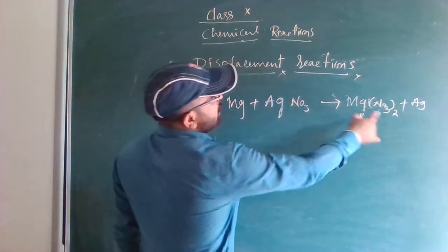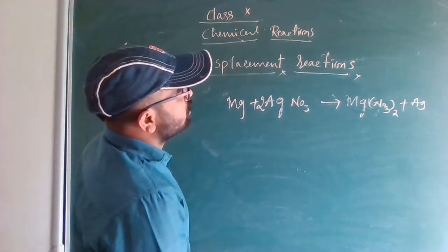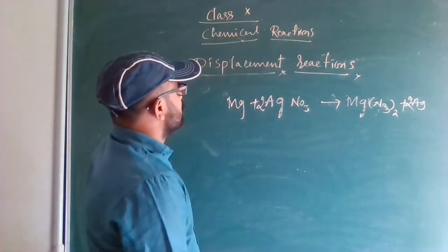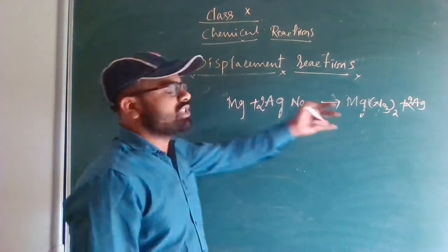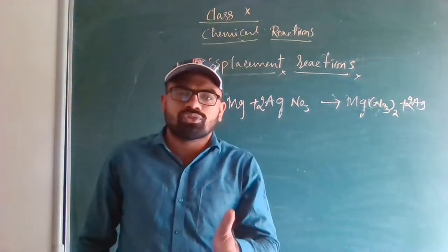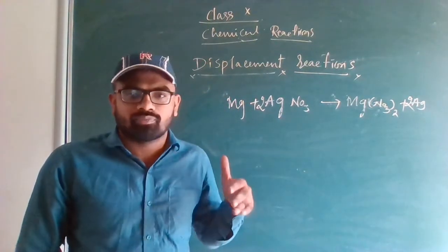NO3 is 1 on one side and 2 on the other, so I write 2 AgNO3 and 2 Ag. Now 2 Ag, 2 Ag, 2 NO3, 2 NO3, it is balanced. So Mg plus 2AgNO3 gives Mg(NO3)2 plus 2Ag.